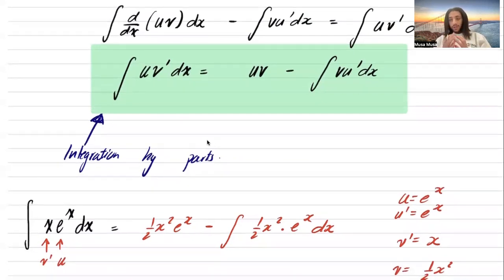So integration by parts takes product rule, rearranges it, and says, if we can write the integral in terms of a u and a v dash, so something that we are going to differentiate, because we need to find u dash, and something that we wish to integrate, and we can fit it into that form, and the integral comes out kind of nice, then we can find the integral, okay?